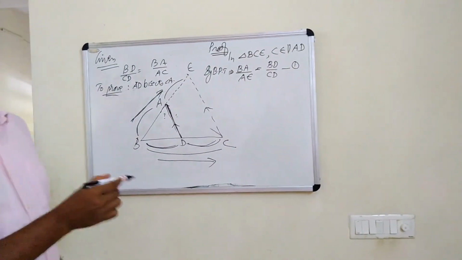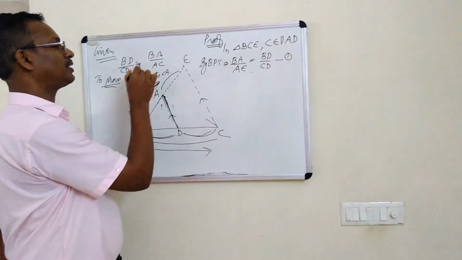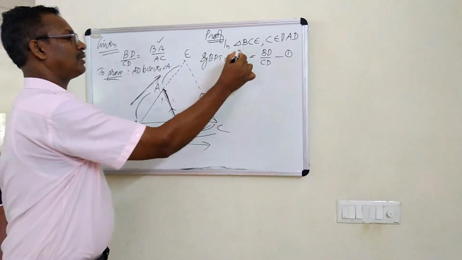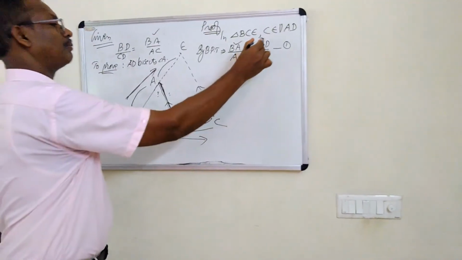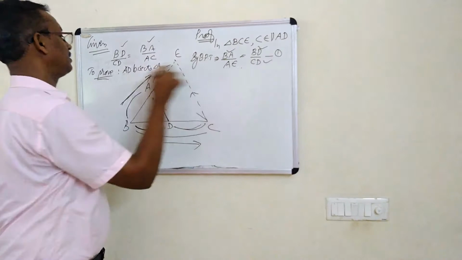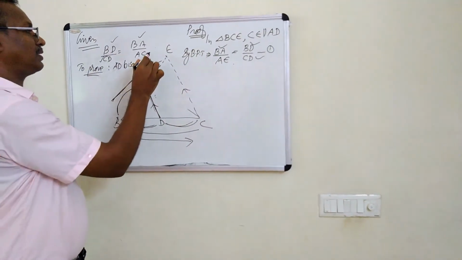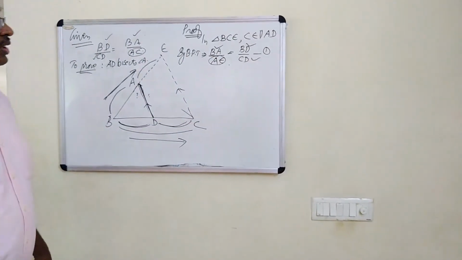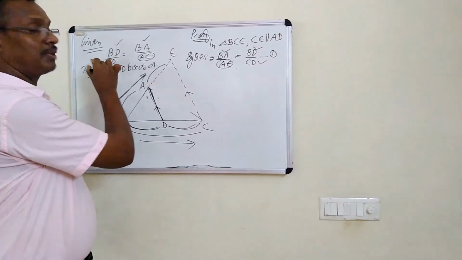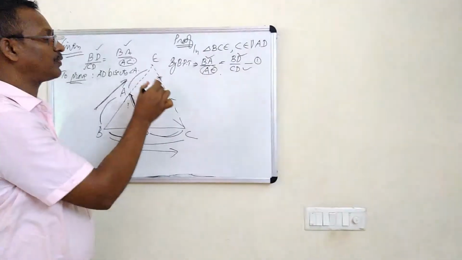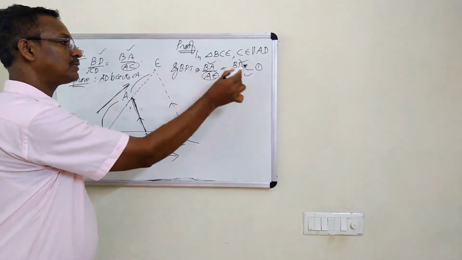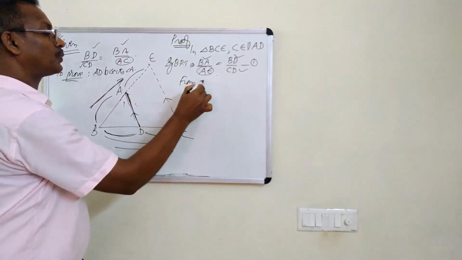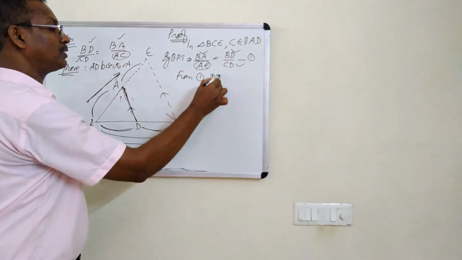When you compare this BPT and what is given in this question, it is the same as what we discussed in the previous question. BA are same, BD are same, CD are same, only difference in these two. So if here this is given, in the previous question that we have to prove, so we can compare this given and this BPT portion.